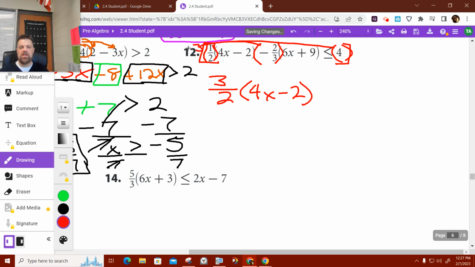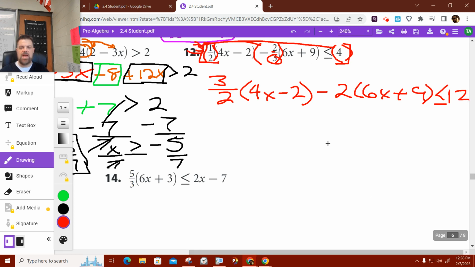And then over here, negative 6 divided by 3 is actually negative 2. Essentially, the 3s cancel. This 3 undoes the multiplication of 3, and you're left with 2 times the quantity 6x plus 9 is less than or equal to 3 times 4, which is 12.